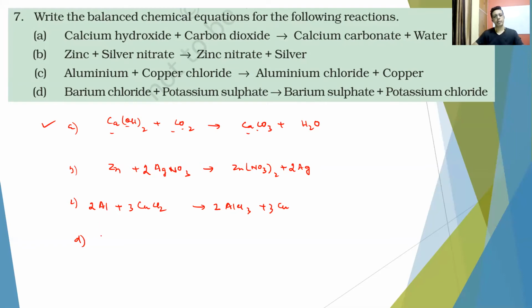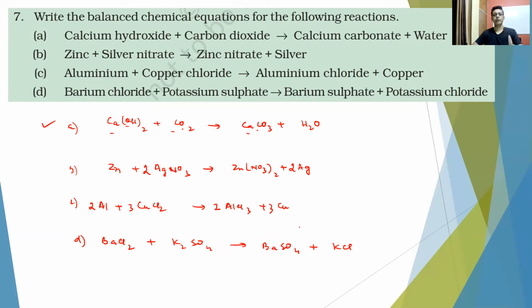So D is barium chloride, BaCl2, plus potassium sulfate, K2SO4, gives barium sulfate, BaSO4, plus potassium chloride, KCl. Now, if you write the formula of potassium chloride as KCl2 or K2Cl3, if you write the formula wrongly, then of course the balancing becomes difficult.